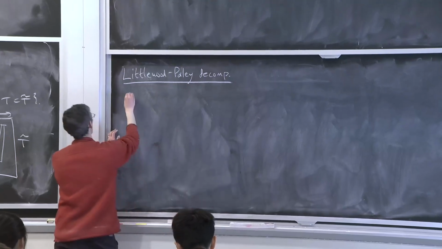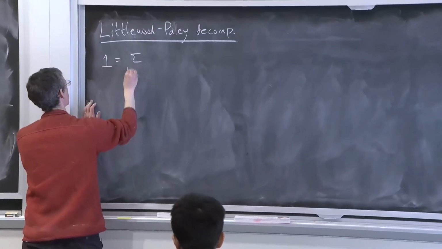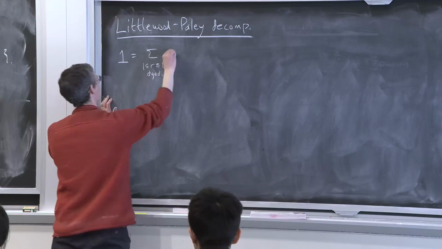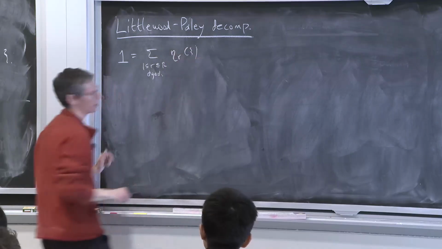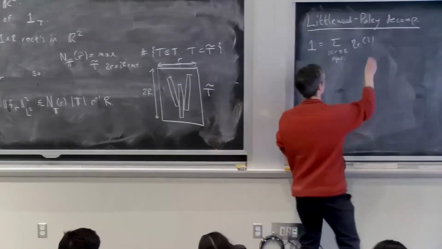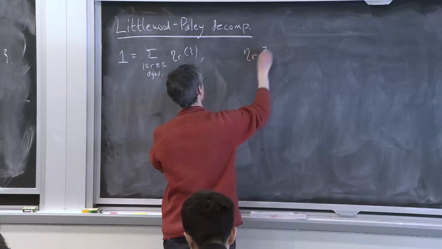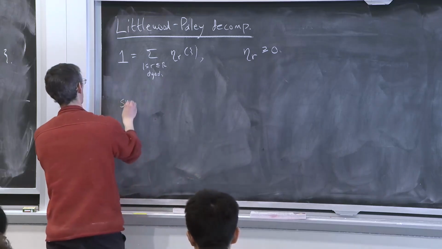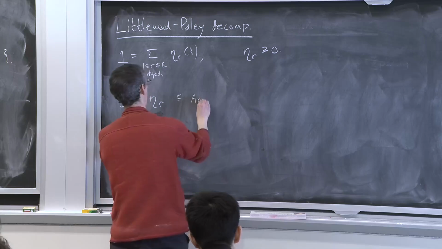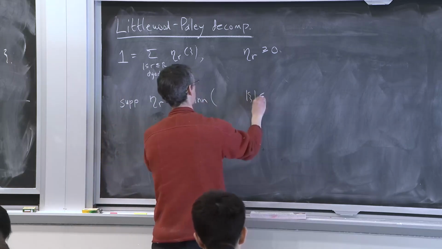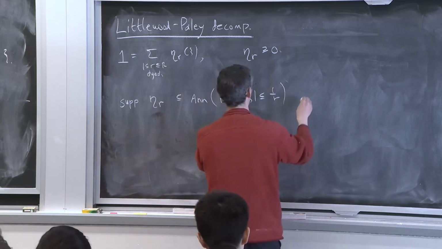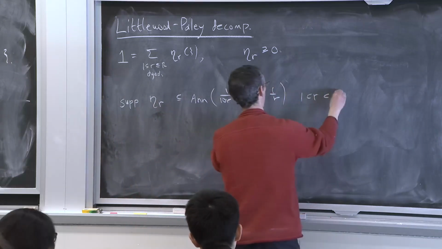I'm going to write 1 as a sum over my dyadic little r's of eta r of xi. This is a partition of unity in Fourier space, so these are all positive. The support of eta r is contained in an annulus, where the norm of xi is at most 1 over r and at least 1 over 10r. And that's true for r strictly between 1 and R.